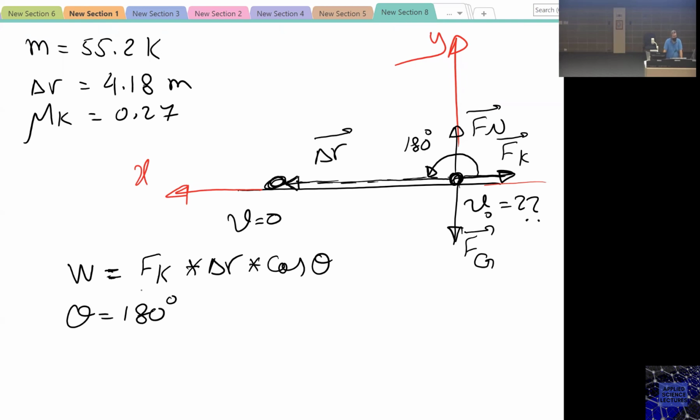Do you know how I can calculate the frictional force? Exactly. So Fk is mu k times the normal force. How can I calculate the normal force?